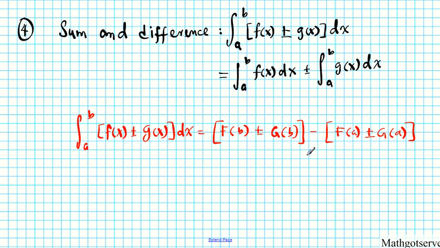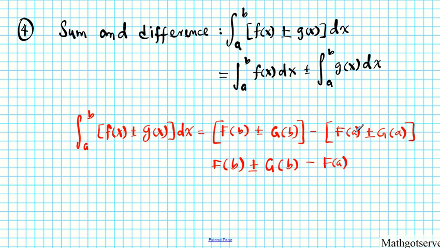Okay, so you notice we can rewrite this, because of the commutative property, as the antiderivative of f evaluated at b plus or minus the antiderivative of g evaluated at b minus the antiderivative of f of a.